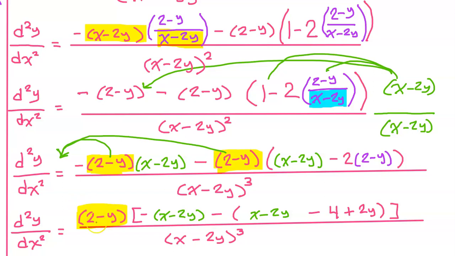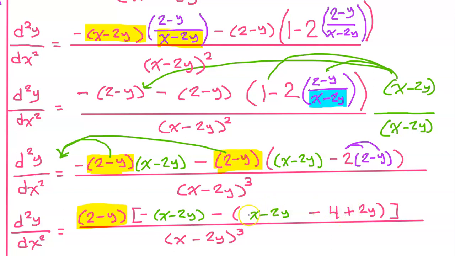As you can see, I pulled out the 2 minus y, and that left behind all of this. I did do one tiny thing in this area right here: I took the negative 2 and distributed that. So that's why I have negative 4 plus 2y right here.